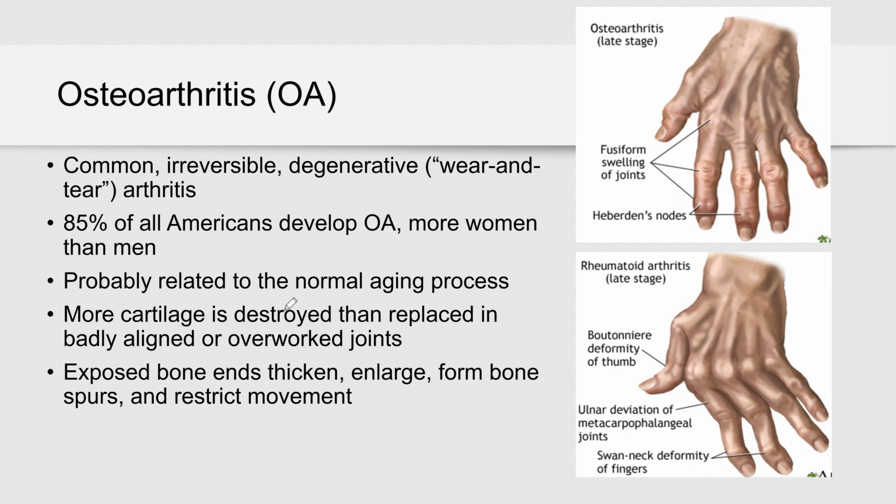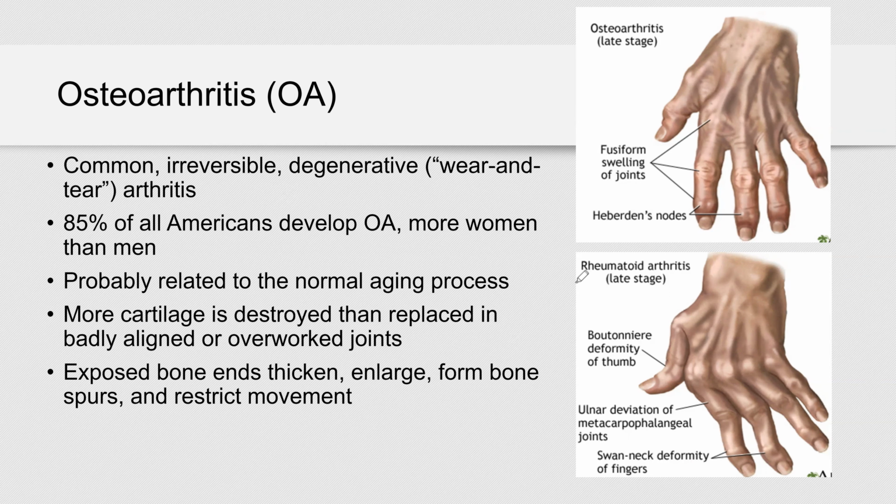More cartilage is destroyed than replaced in badly aligned or overworked joints. Bones become exposed, thick and large, form bone spurs and restrict movement. So you see these nodes of the bones here, and we don't have normal alignment between bones anymore because of the damage of joints.